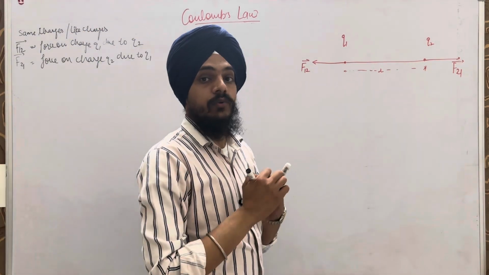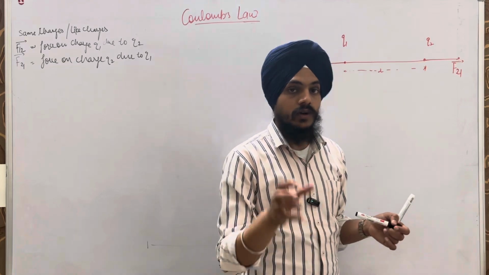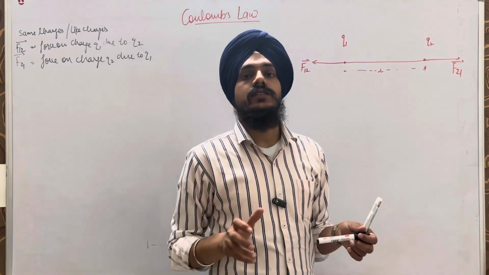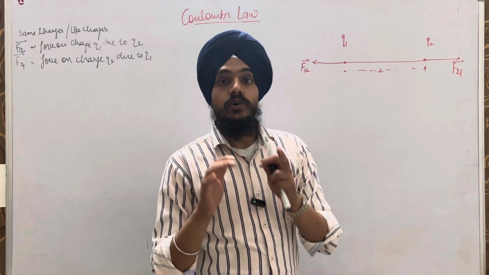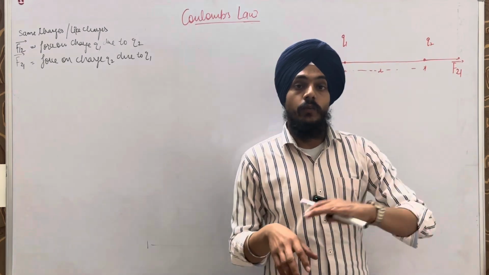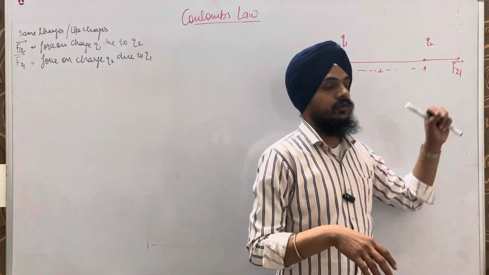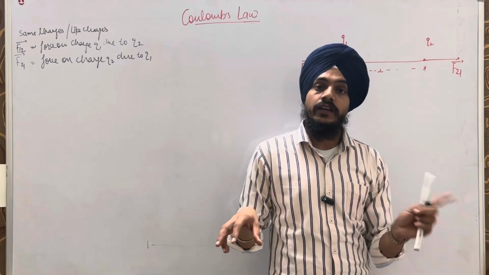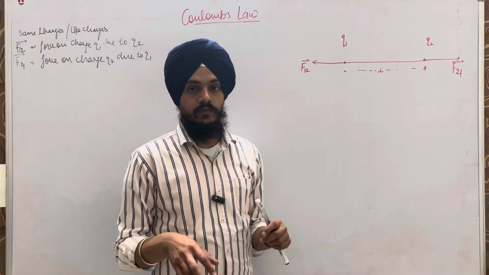F21 is the force on the second charge due to the presence of the first charge. F12 is the force on the first due to the second.